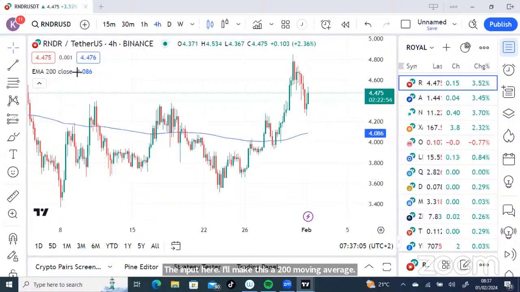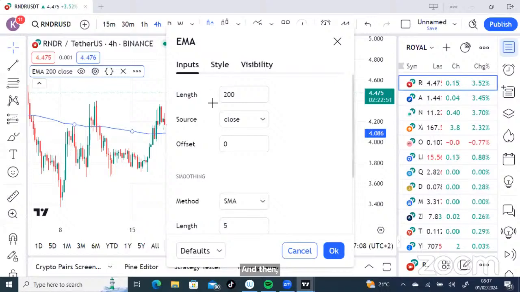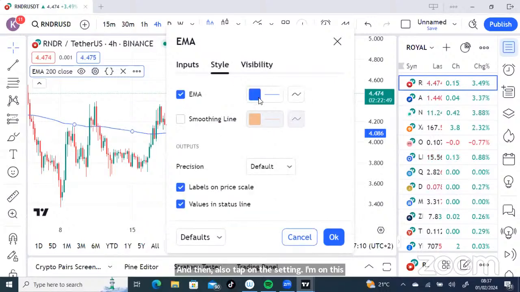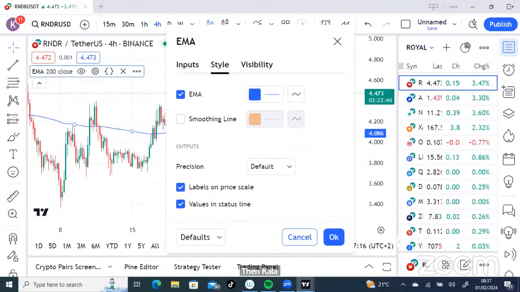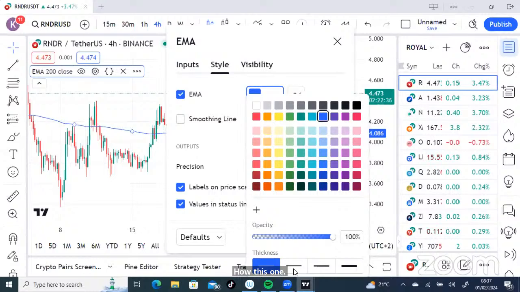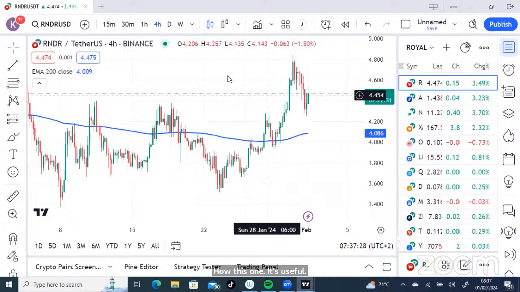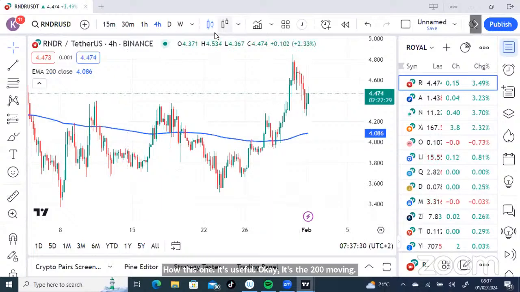Then I'll also tap on the settings, the style, the color. Okay, then the thickness, so that is the 200 moving average. I will not stop on that.